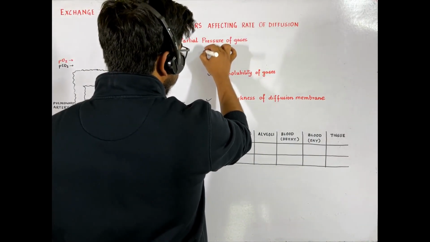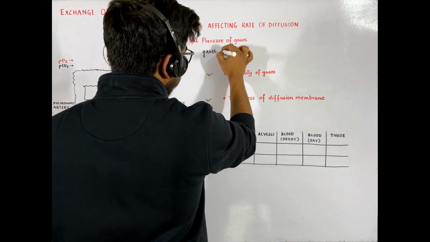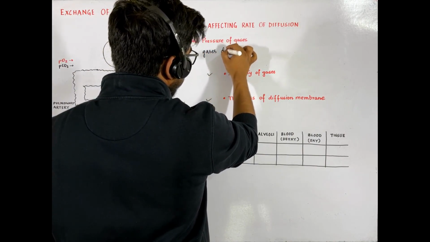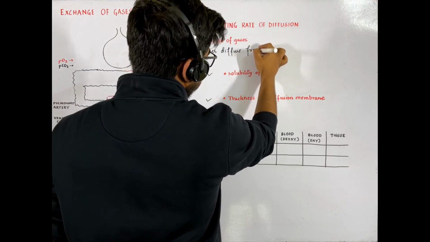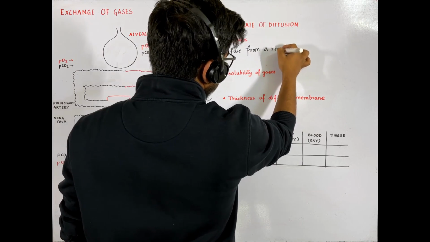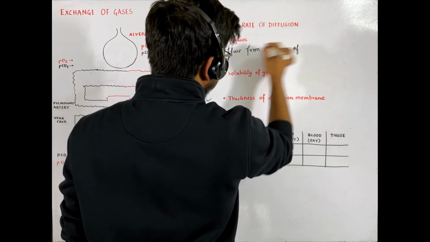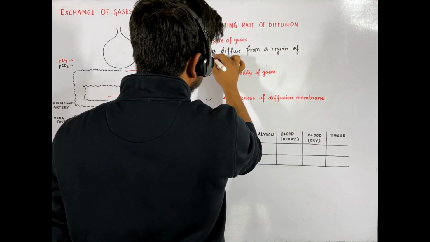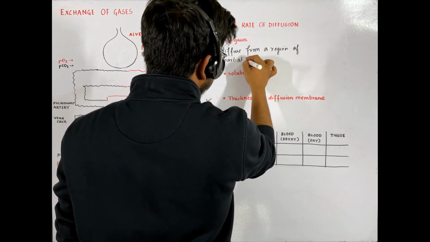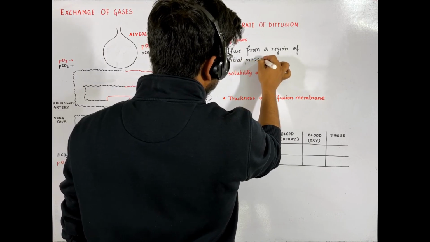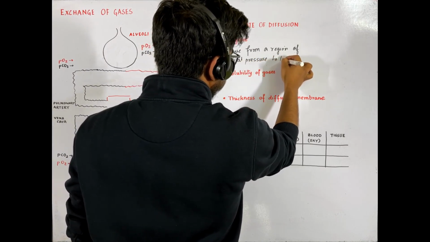So the gases diffuse from a region of higher partial pressure to lower partial pressure.